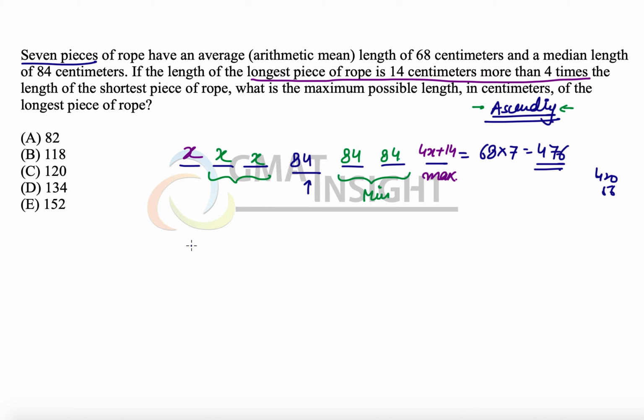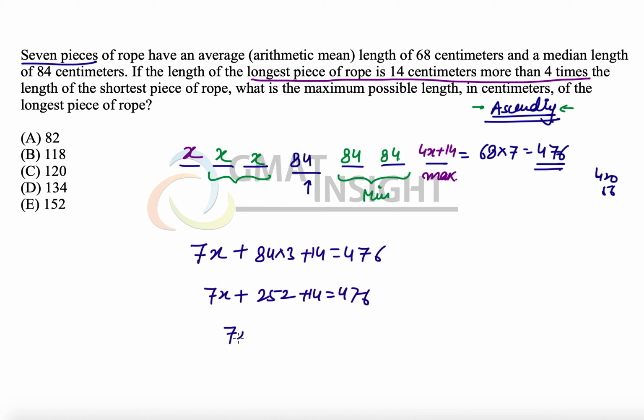So x, again, all that we have to do now is just simplify the calculation. The addition of them gives us 7x: 3x is here, 4x is here, plus 84 multiplied by 3 plus 14 is equal to 476, which means 7x plus 84 into 3, which is 252, plus 14 is equal to 476. 7x is equal to 476 minus 266, and this whole thing we need to divide by 7, because x will be equal to 476 minus 266 divided by 7.